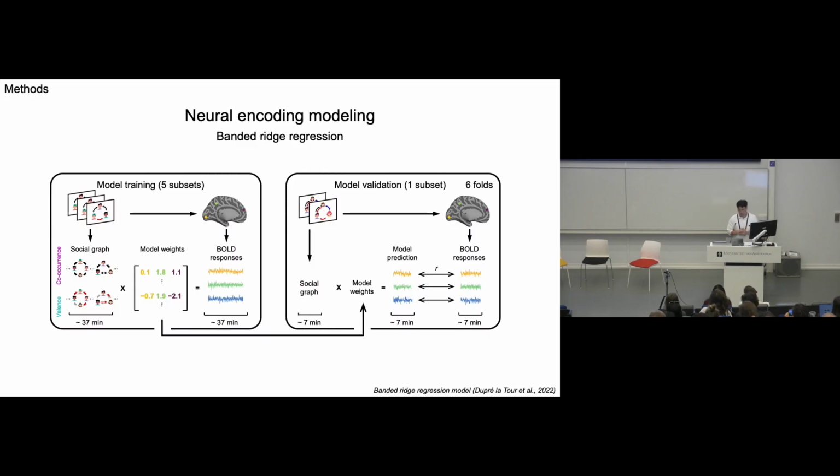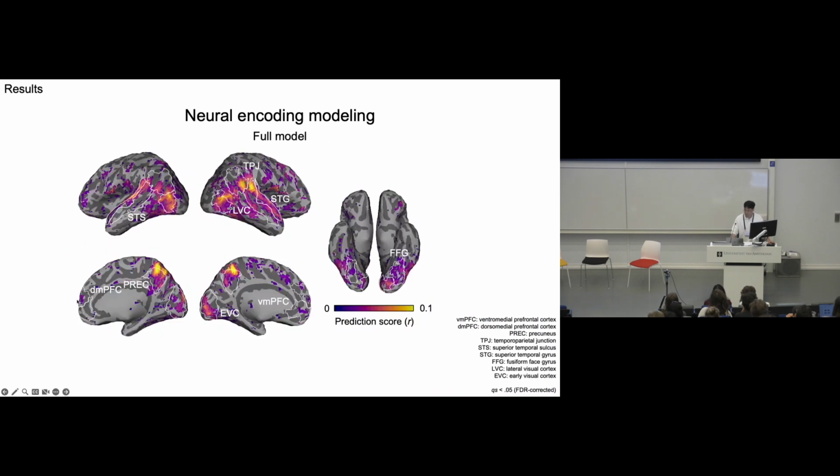Okay, we then took a step further. Does the brain encode social graphs? Using voxel-wise encoding models, we predicted brain activity from the moment-by-moment co-occurrence graph and valence graph features. Our moment-by-moment social graphs accurately predicted brain activities in multiple brain regions, such as the lateral visual and temporal cortices, and the medial parts of the brain, the precuneus and the medial prefrontal cortex.